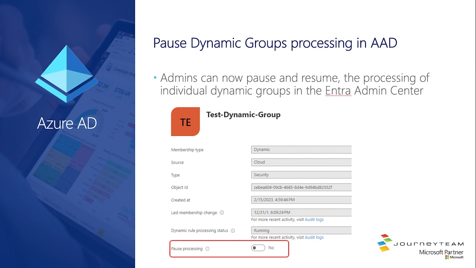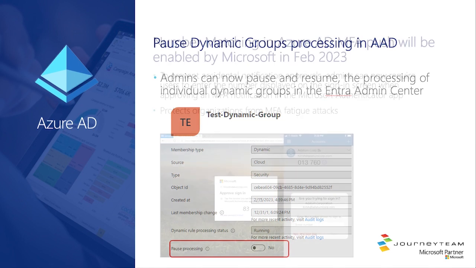You now have the ability, which you can see at the bottom of this little screenshot, to pause the processing for that group while you go through and make your changes. That's super helpful when you don't want things constantly going in and out of scope, especially when testing, but definitely when you go into production.